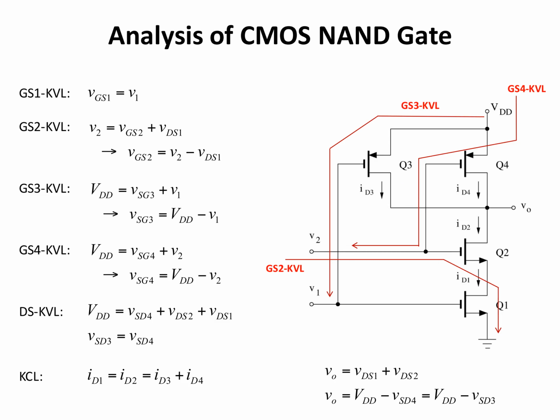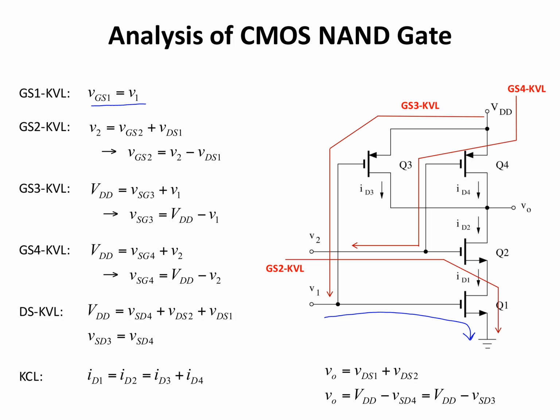Okay, so let's take a look at the circuit equations for this CMOS-based NAND gate. The gate to source KVL for transistor 1, which is this loop here, tells me that VGS1 equals V1.